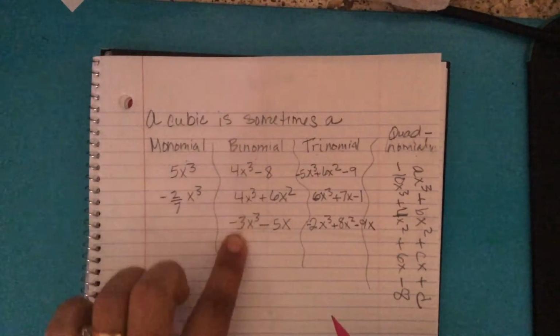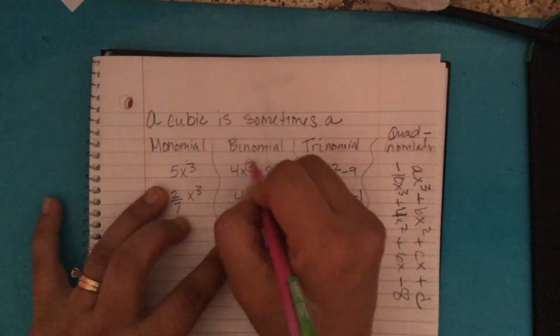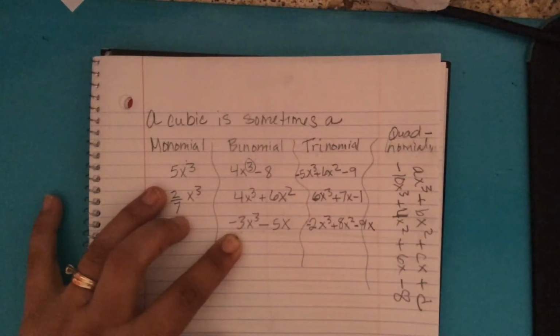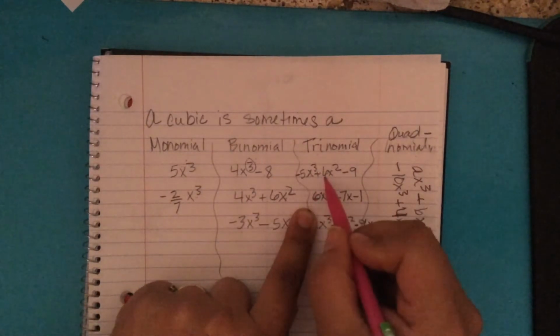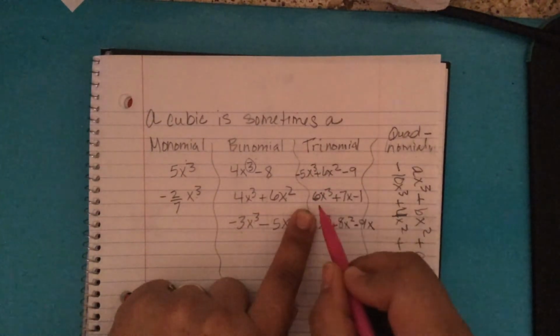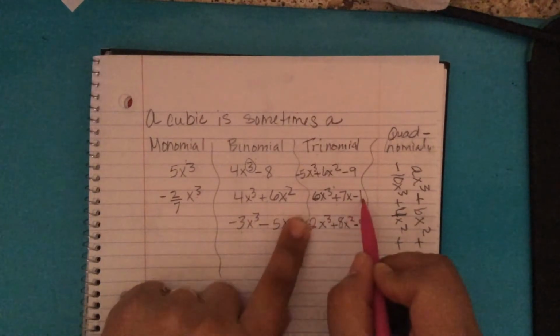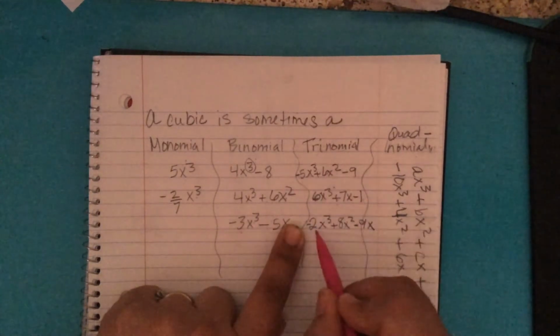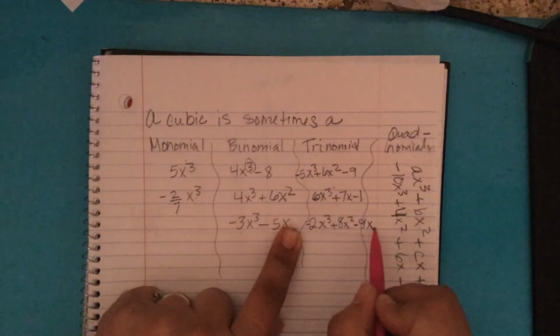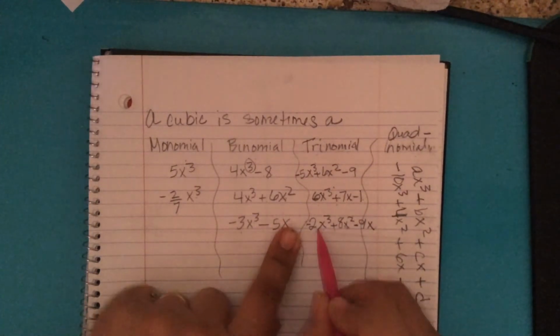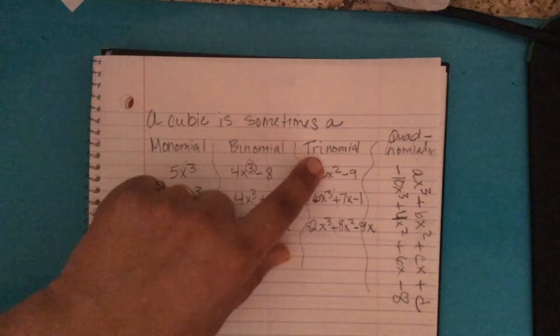All of these are cubics because the biggest exponent is 3. You can have a trinomial like negative 5x cubed plus 6x squared minus 9, or 6x cubed plus 7x minus 1. There's three terms in all of these. Negative 2x cubed plus 8x squared minus 9x. These are three terms, so this is a cubic that's a trinomial.